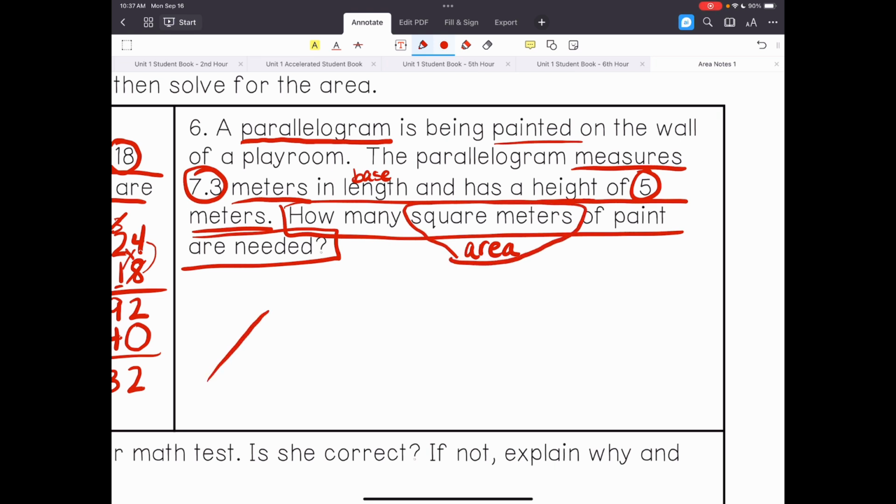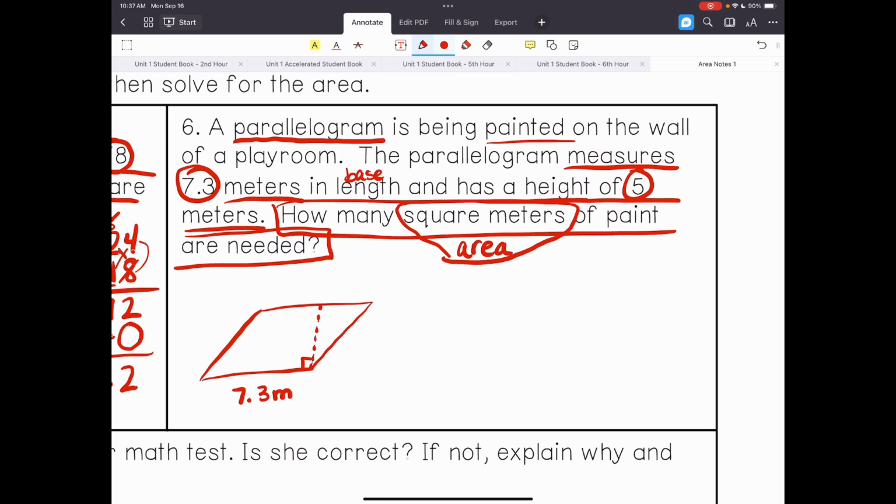So we're gonna sketch a parallelogram, just put it on the slant. 7.3 meters on the base, the length across, and then the height, draw the height with me. We have to go at that 90-degree angle straight from the bottom up to the top, so to the opposite base, and that's 5 meters, which is my height. So let's plug this in. Area equals base times height, so 7.3 times 5.